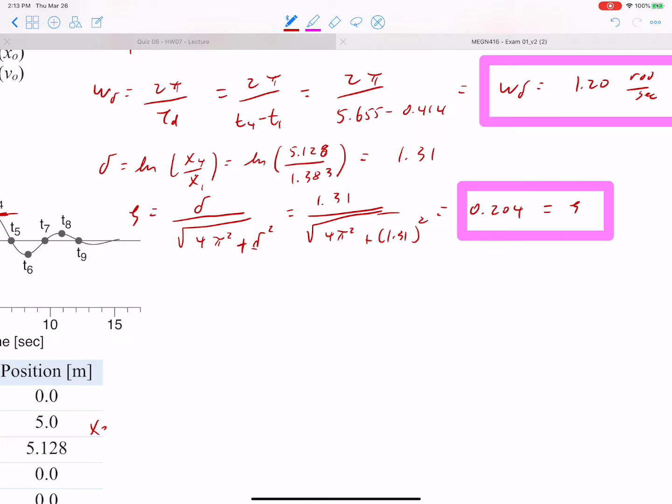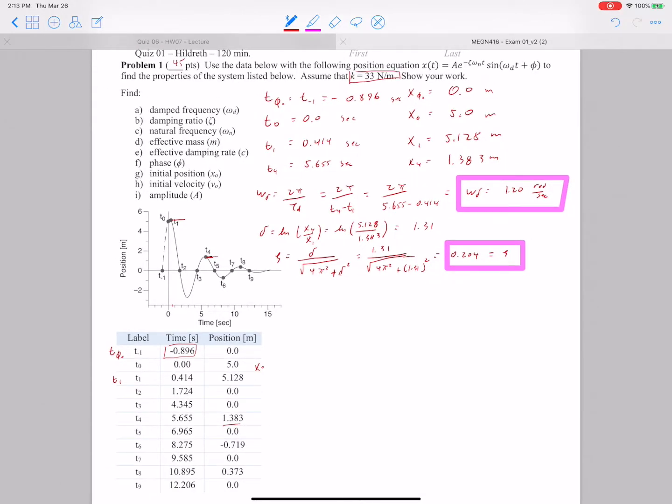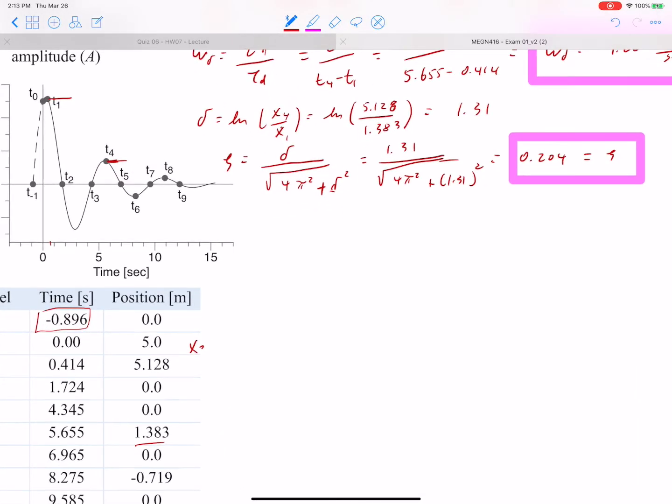Okay, so next it's asking for the natural frequency, and that's related to the damped frequency by the square root of 1 minus zeta squared.